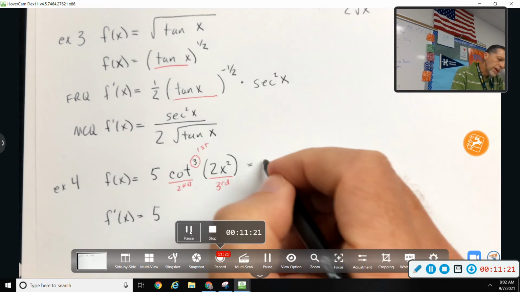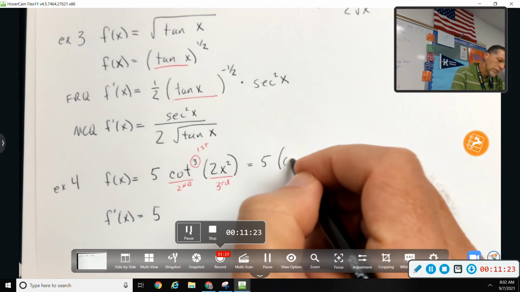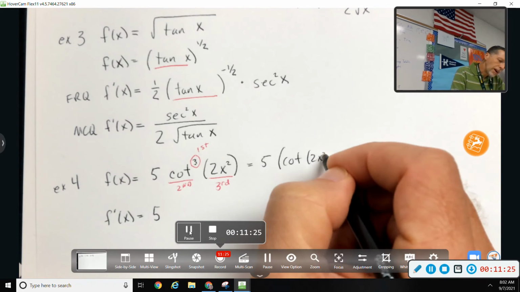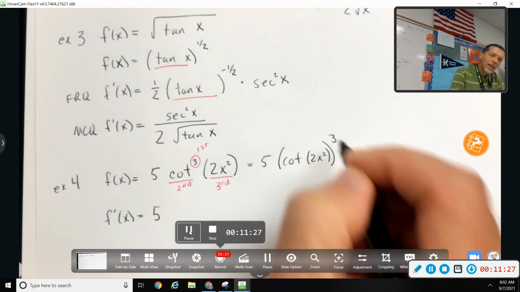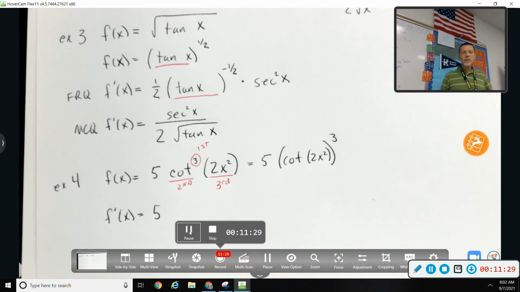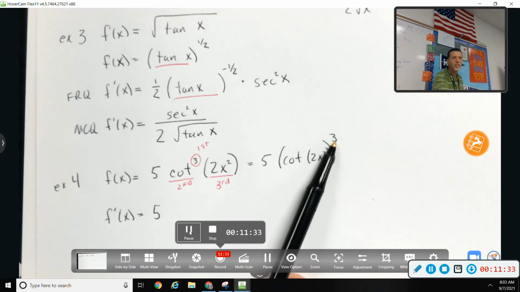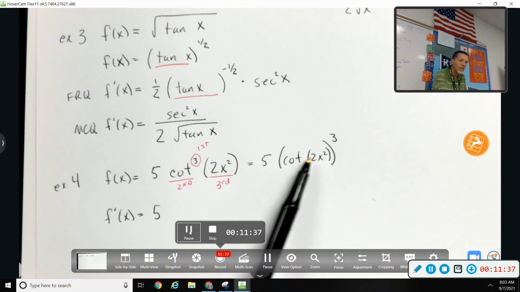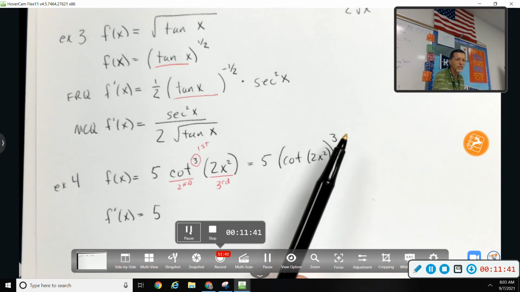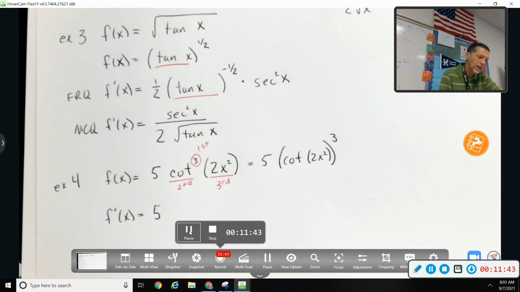By the way, if it helps, some people would take the time to rewrite this like that, because I think then it becomes really clear that the 3 is the outermost thing. So, I mean, those are identical, but if you rewrite it like this, it's super clear how to start from the outside and work your way in.